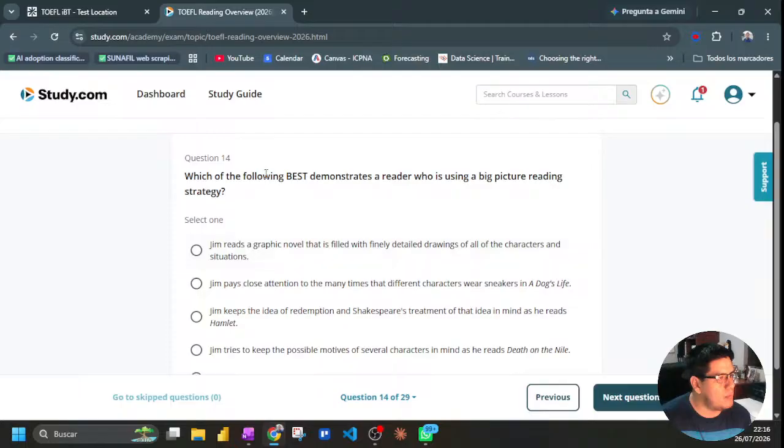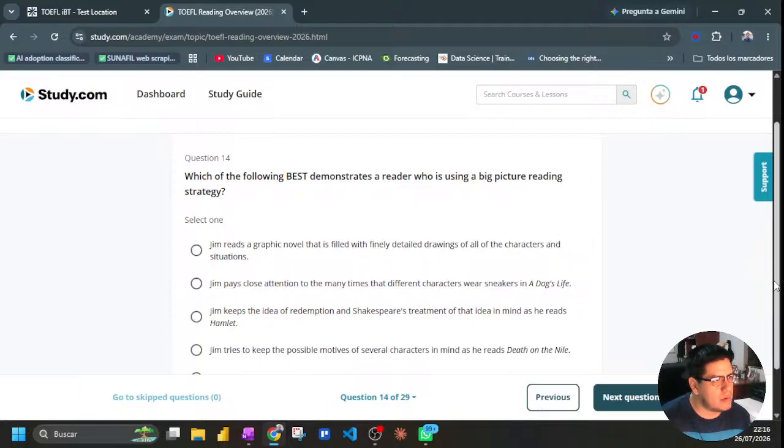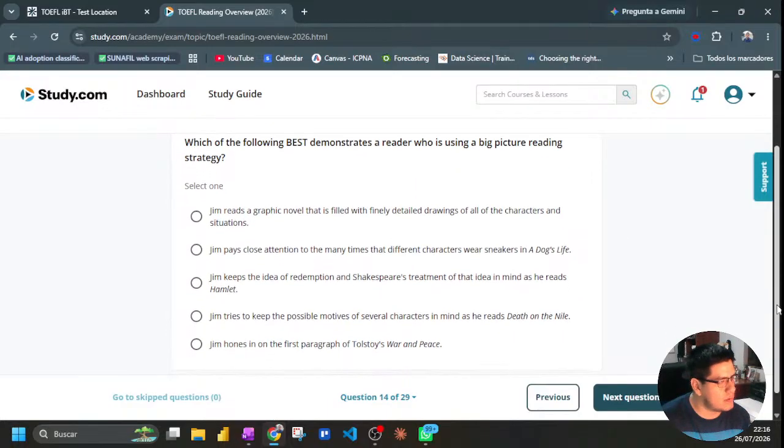Which of the following best demonstrates a reader who is using big picture reading strategies? Reads a graphic novel.